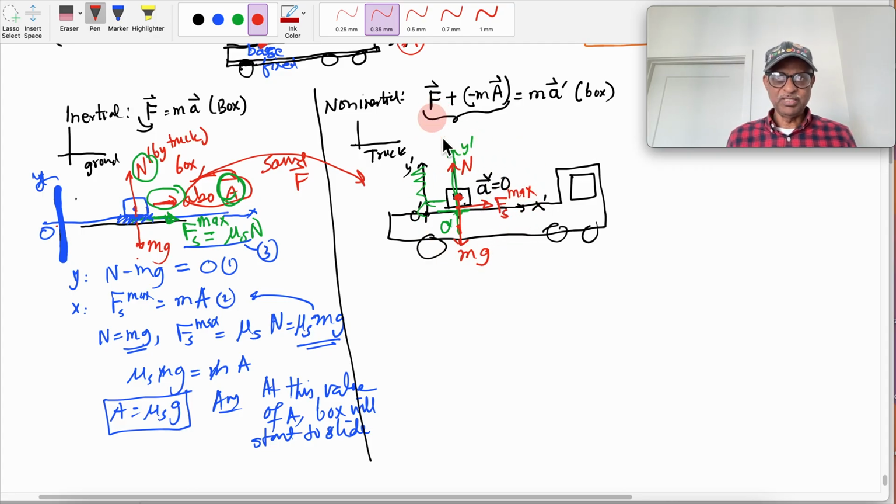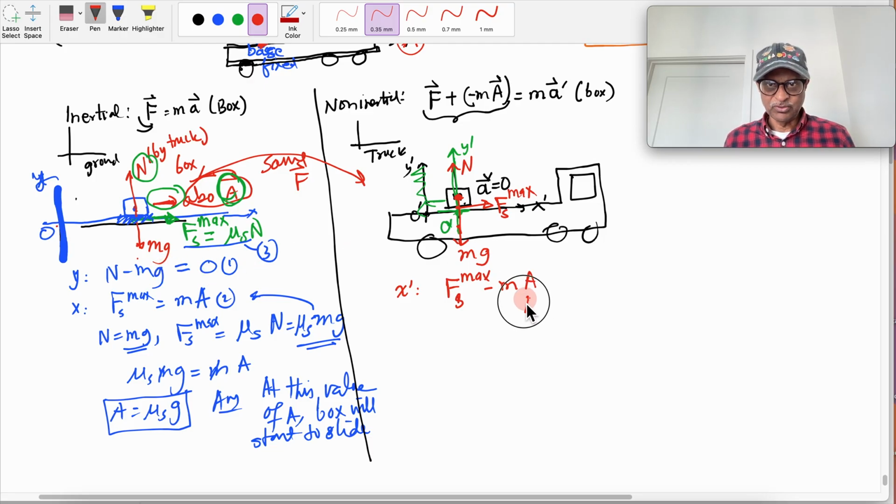But the equation of motion here is this. Along the x prime axis, I'm going to get Fs max minus M A. This is not this A, but this A of the frame with respect to the non-inertial frame.